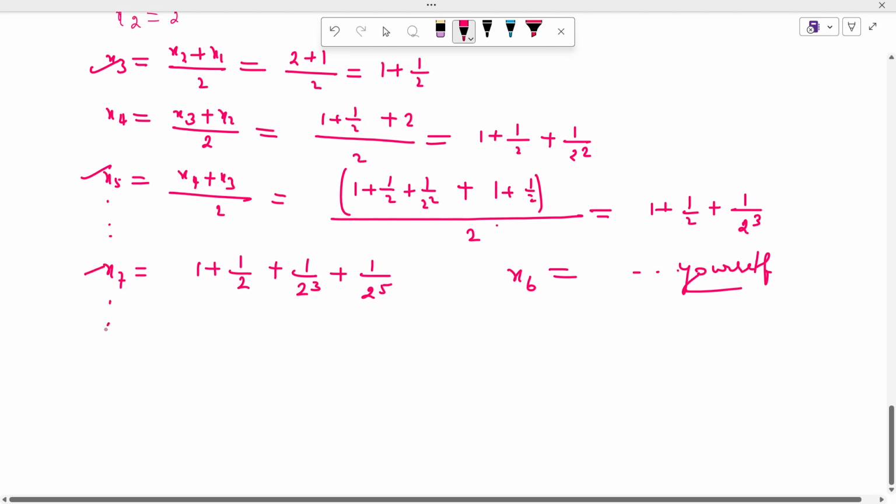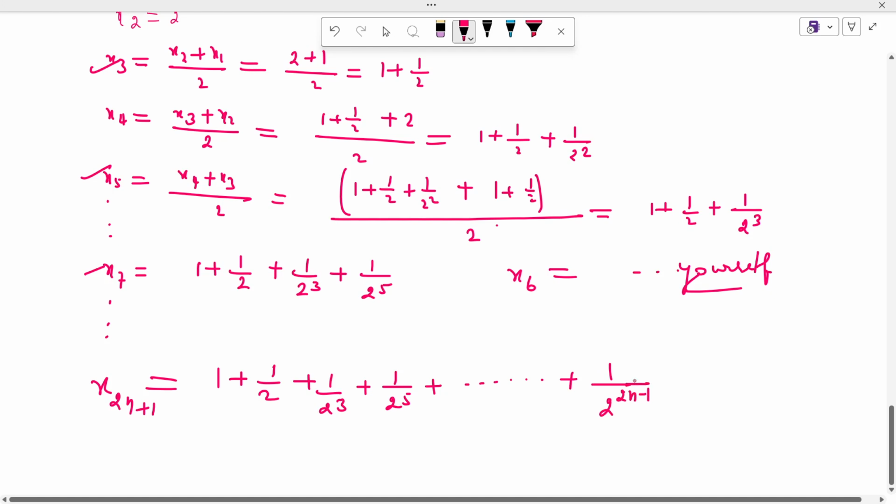If you write the odd terms, the x(2n plus 1) terms, it is 1 plus 1 by 2 plus 1 upon 2 to the power 3 plus 1 upon 2 to the power 5, and up to 1 upon 2 to the power 2n minus 1.